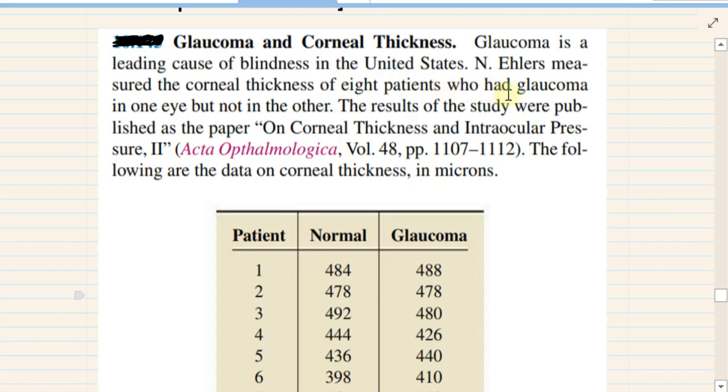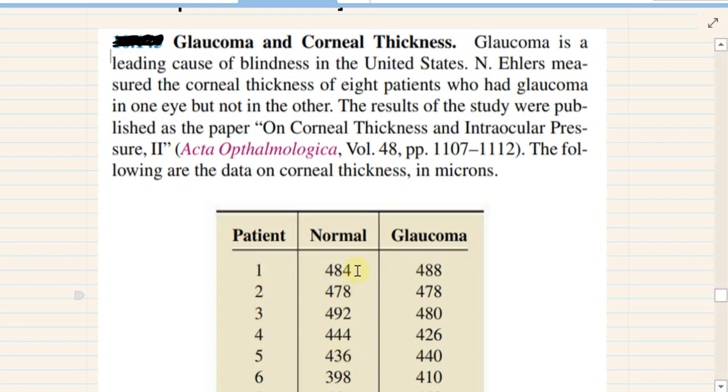8 patients who had glaucoma in one eye but not in the other. Notice you only have 8 patients, but you're measuring 2 different scores on that same experimental unit. A patient here is our experimental unit. So we're looking at these patients that had glaucoma in one eye, not the other. Now notice how this design was done correctly.